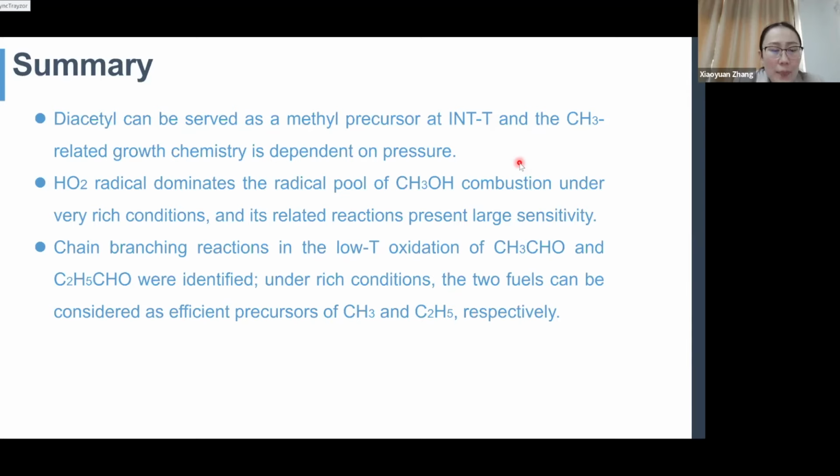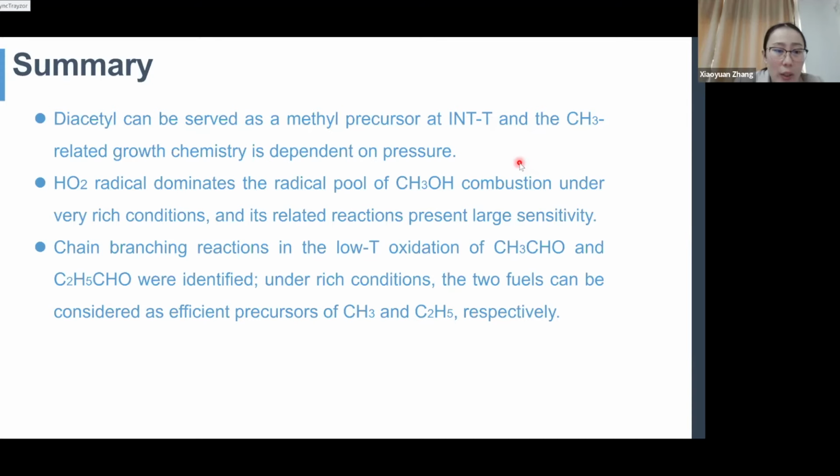We found that the HO2 radical dominates the radical pool of methanol combustion under very rich conditions, and its related reactions present large sensitivity. So these data can be used to constrain the reactions related to HO2 radicals. In the last section, we focused on the sub-mechanisms of acetaldehyde and propanol.